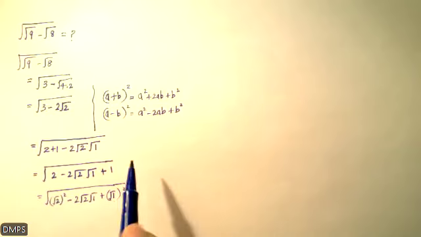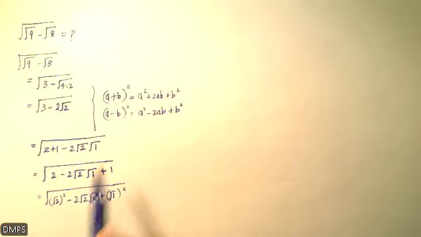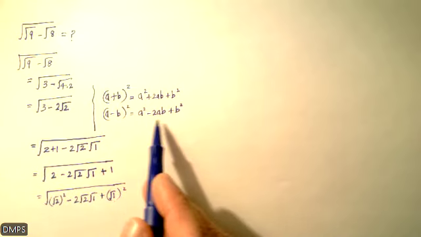Now you will see that it's of the same form. If we take a to be the square root of 2 and b to be the square root of 1, then we have a squared minus twice the product a times b plus b squared, same as that.